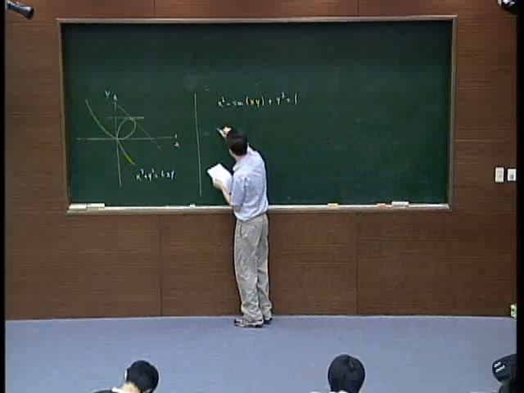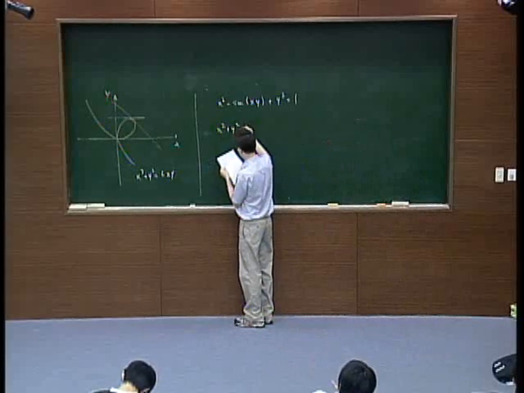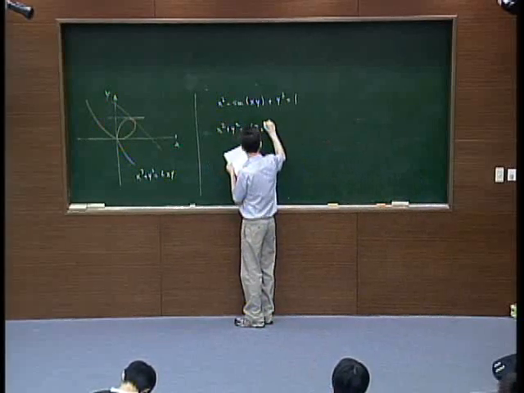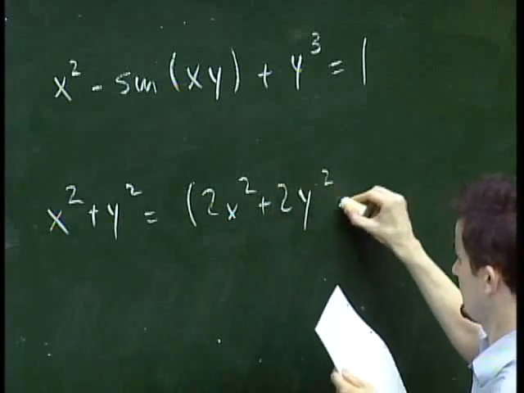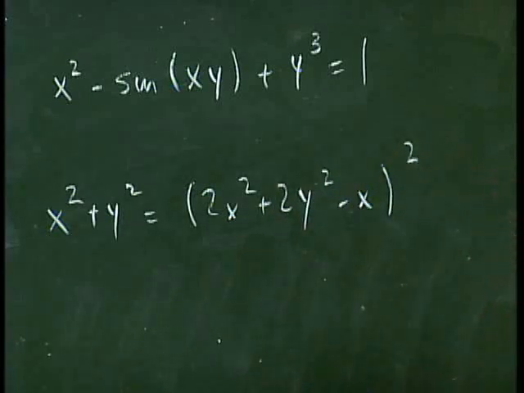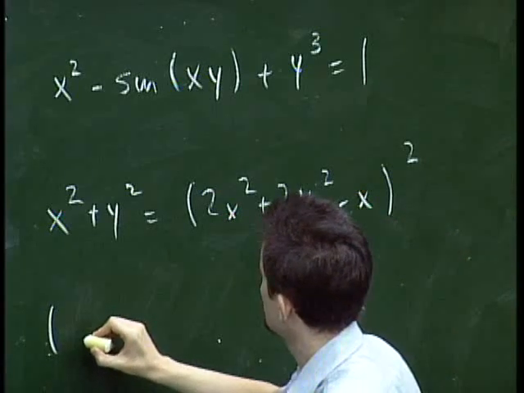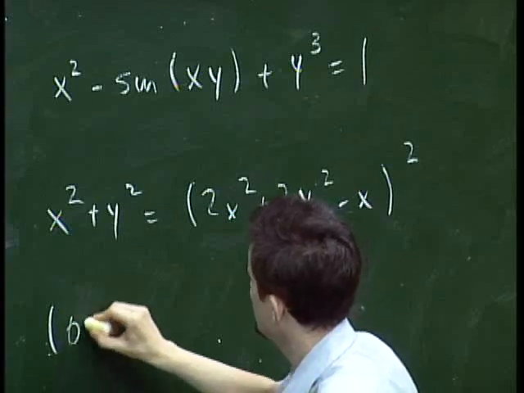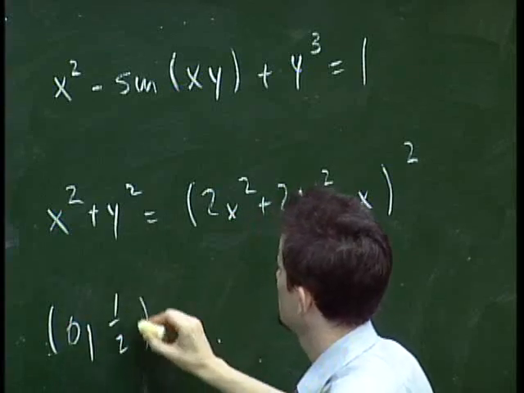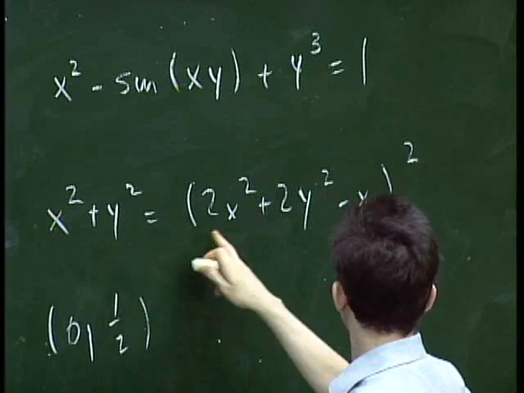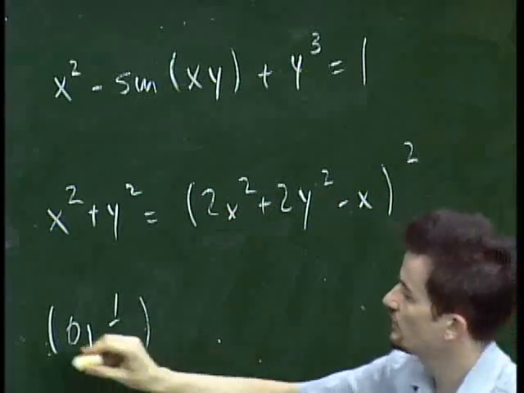is this one. x squared plus y squared is equal to 2x squared plus 2y squared minus x squared. Also here for this function, if you're interested, for instance, the point 0, 1/2 is a point on this curve.